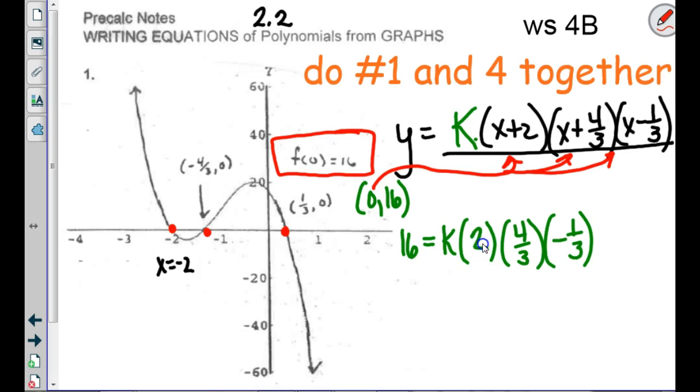All right, can somebody, this is a 2 over 1, so what do we get on top? 2 times 4 times -1 would be? Okay. On the bottom, we have 1 times 3, which would be 9. Okay. All that's multiplied by the K value to get 16. We want to solve for K, so what do we need to do?